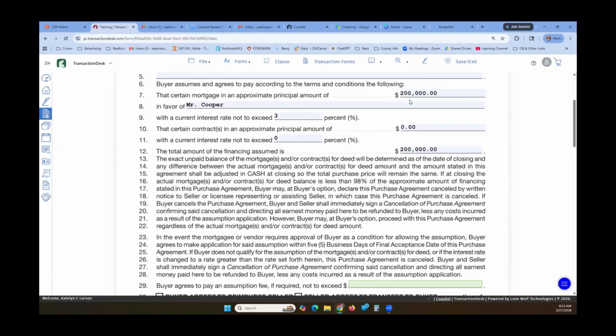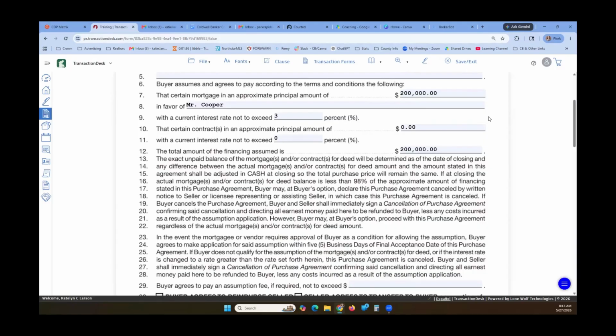In the case that we are assuming that the principal amount of this mortgage is $200,000 and the buyer is paying cash or getting a second mortgage for that extra $100,000, this is a clause that limits how much this number can change.